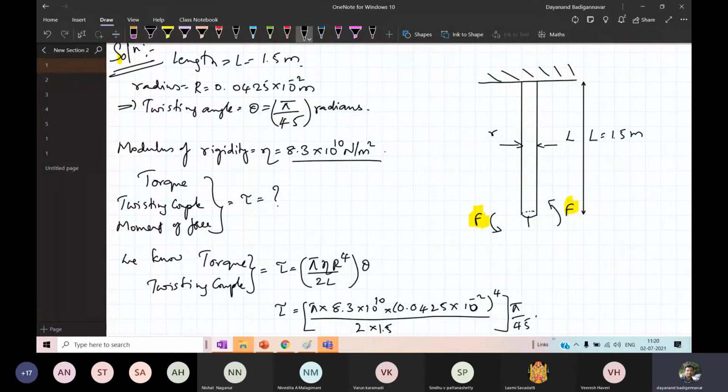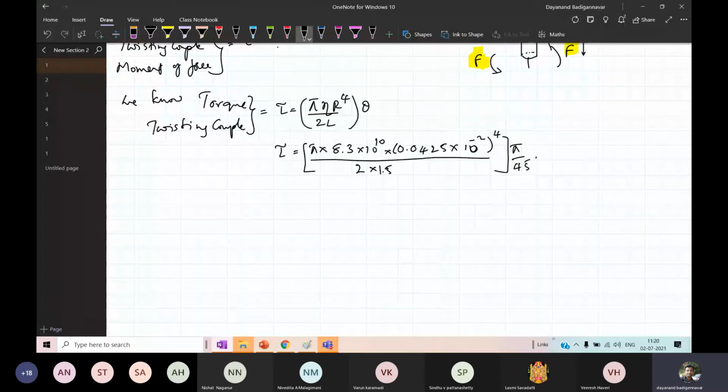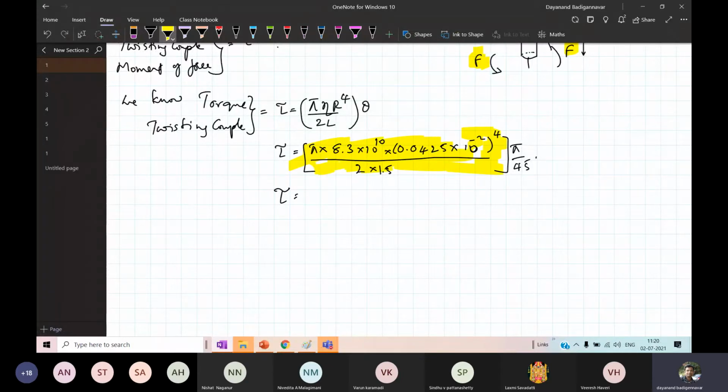You should be able to do it. I will write the answer if you are not able to. Evaluate this part first, then the other part. I get tau as 2.83 into 835 into 10 raised to minus 7.